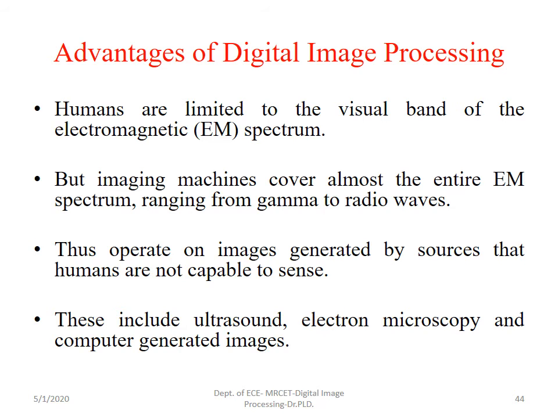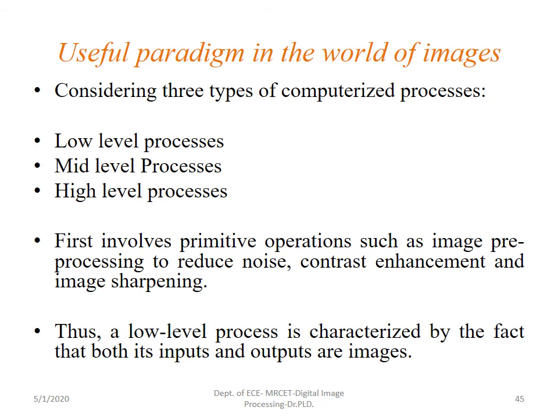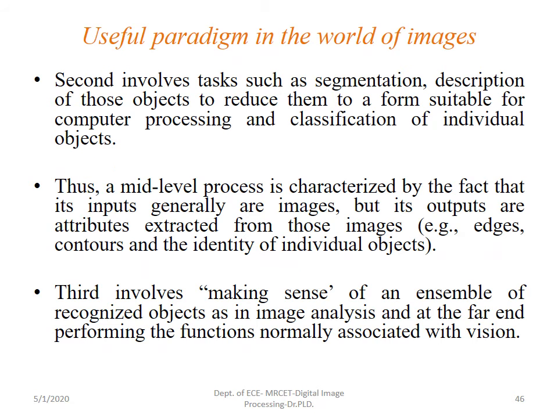These include ultrasound, electron microscopy, and computer generated images. A low-level process first involves primitive operations such as image pre-processing to reduce noise, contrast enhancement, and image sharpening. Thus, a low-level process is characterized by the fact that both its input and output are images.